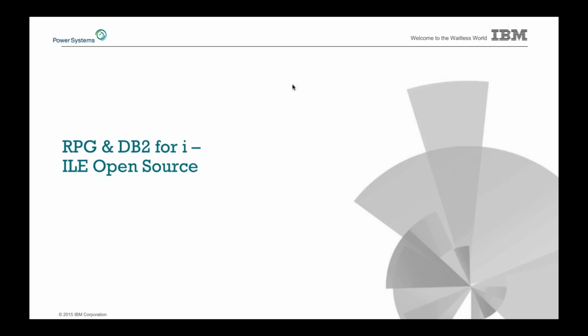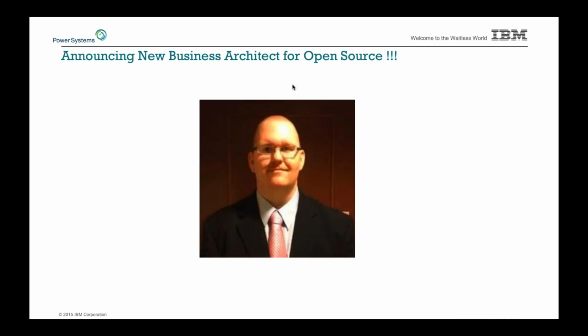Switching gears for a minute, let's talk about some RPG, DB2, open source things. Before we get to that, we're rather excited. This gentleman here, you may or may not know as Jesse Grzinski. I probably should have put his name and email address on here, but it was just announced this week that he is taking over the role as the architect for open source.